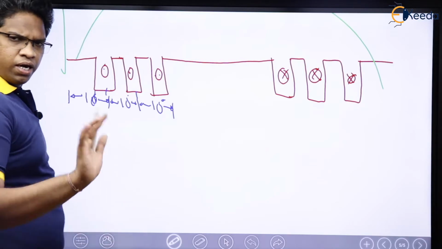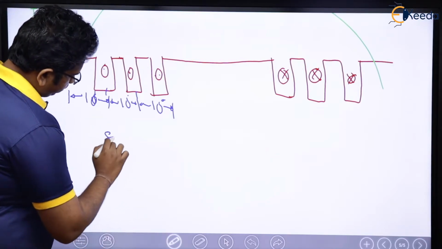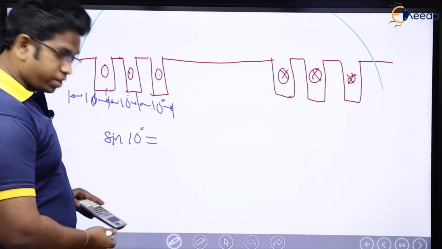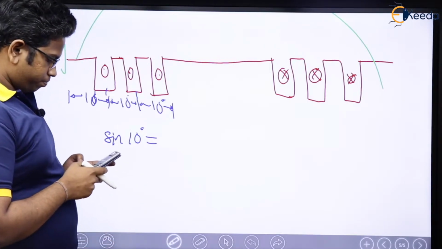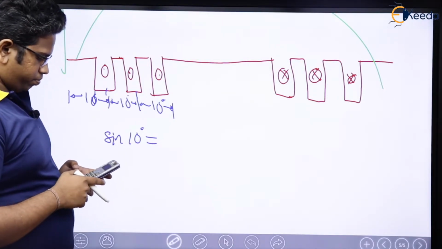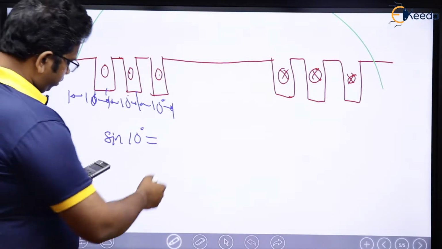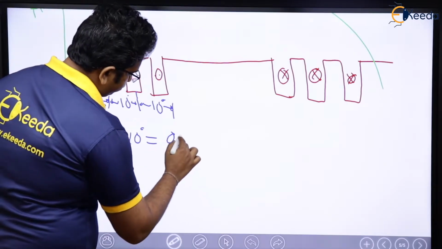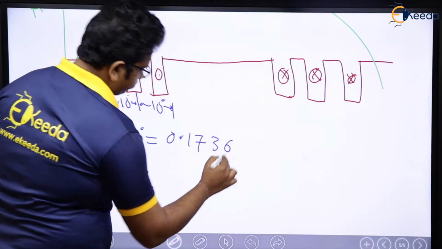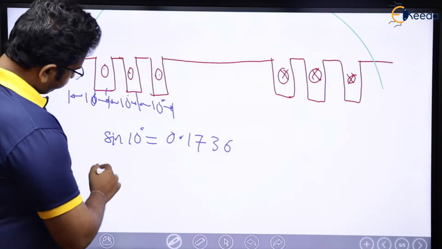Now see, let me just think of sine 10. What is sine 10? Sine 10 degrees, let me calculate. Sine 10 is 0.1736. Right? Let me think of sine 20.